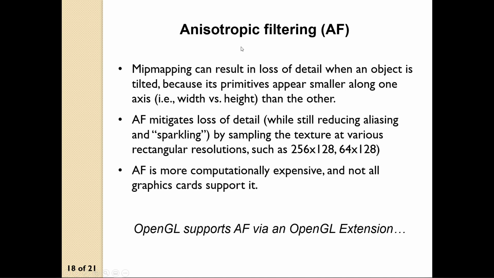Okay, anisotropic filtering, AF. So mipmapping can result in loss of detail when an object is tilted because of perspective, right? Because its primitives appear smaller along one axis, width or height, than the other, you can get this sort of odd detail loss when you tilt a particular polygon and you have to sample it in perspective like that.